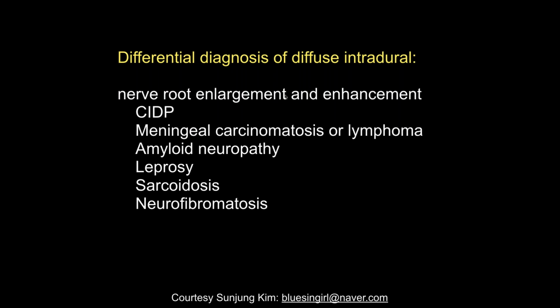Here's another differential of different things that can produce thickened nerves, but the diffuse kind that we're seeing here is generally Charcot-Marie-Tooth, which in and of itself is actually multiple genetic diseases.